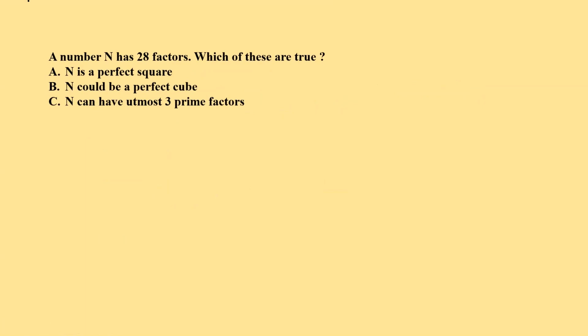Please try to understand the question very carefully. There are 3 options there, and then choose which of these are true. There could be multiple answers which are right, or there could be options which are not at all right as well. Neither A, neither B, neither C also could be the answer. It could also be all the 3 or any 2 or any one.